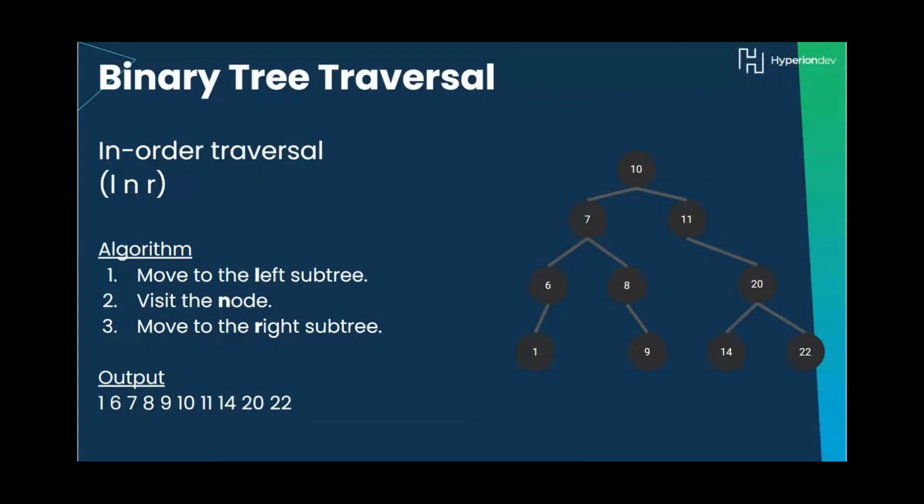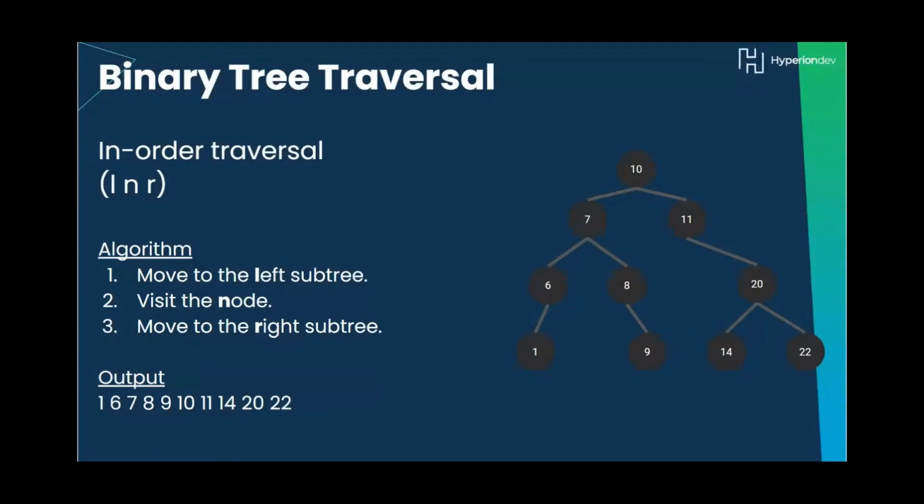Now that we're at 8, it still has all of its rules there, so we need to move to the left, which it can't. Then we have to visit the node itself and then move to the right, which takes us to 9. And you can see that we will basically go through each of those rules for all of the nodes.